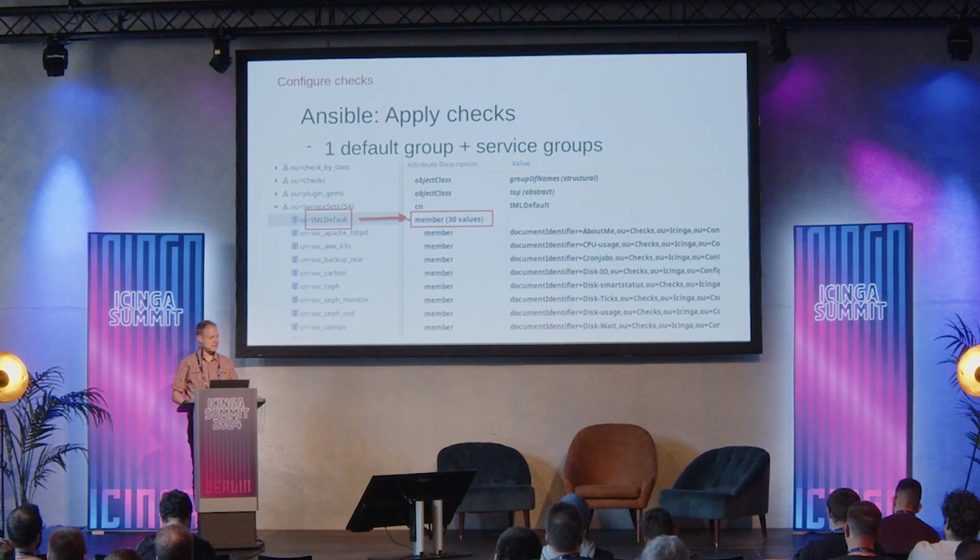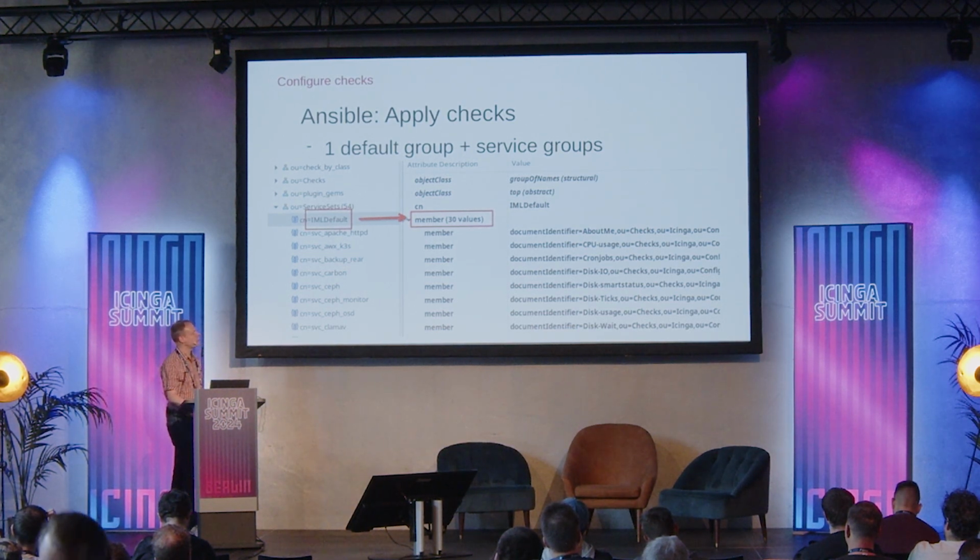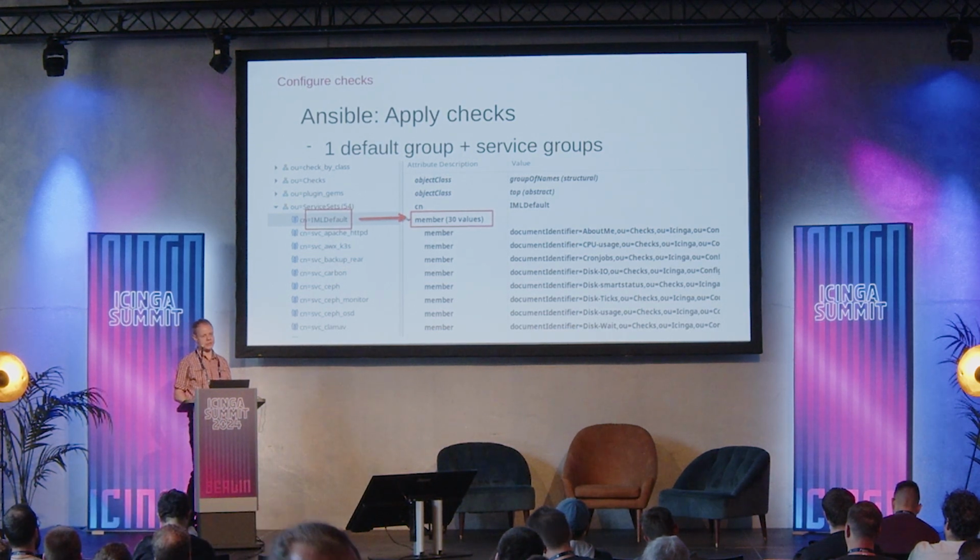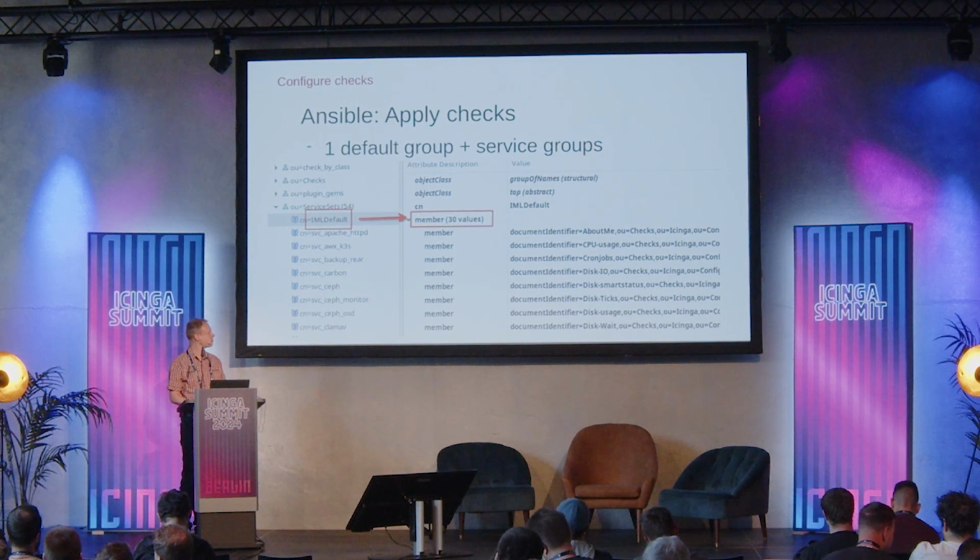Once again, we had a look at single checks so far. How do we apply checks? I show you now. In Ansible, we use groups. We have one group for default, which will be applied to each system we install, independent of the service it provides.